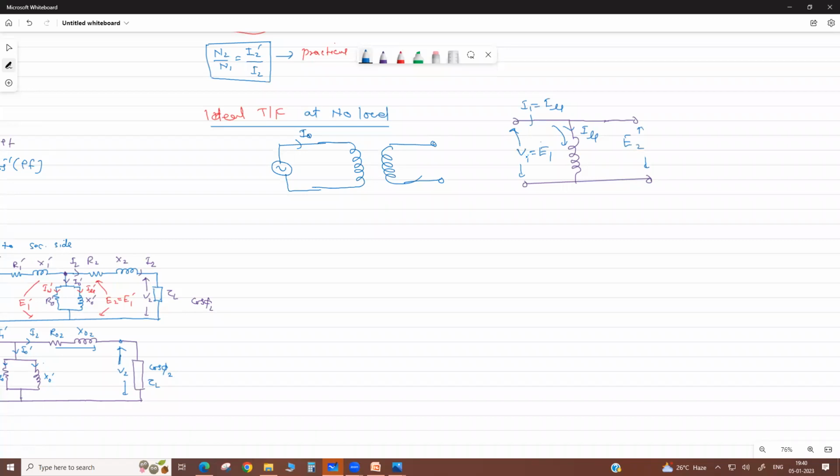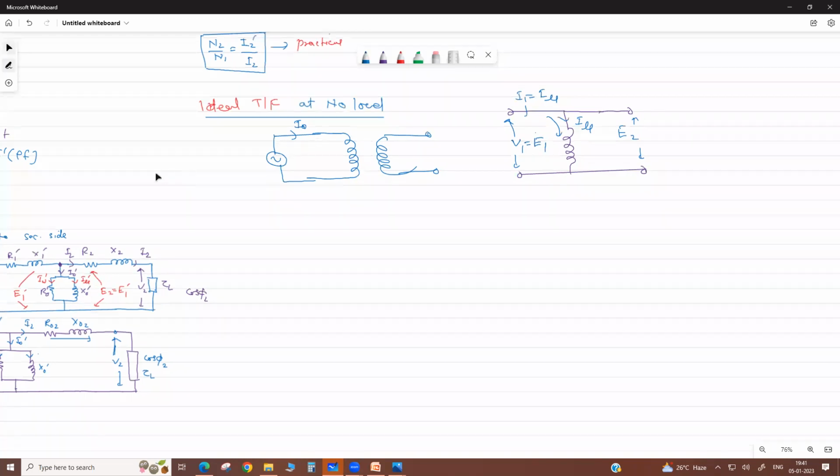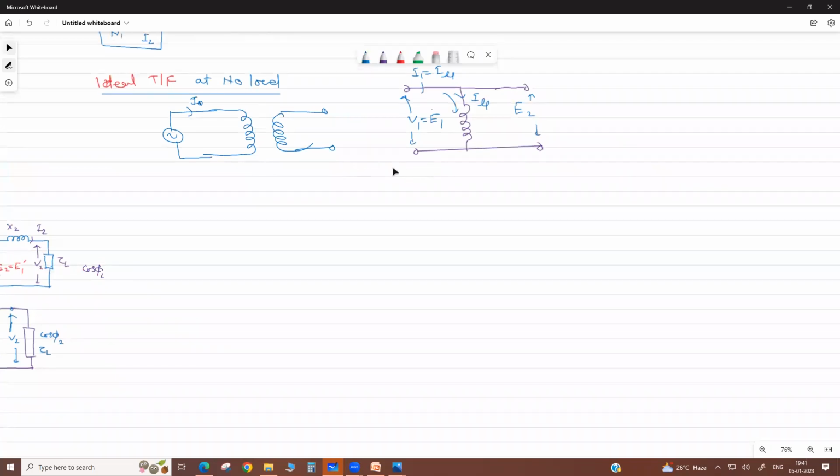What is the difference between V1 and E1? It is the drop only. Which is greater? V1 is greater in a practical transformer, and E1 is less because it is after the drop. Now suppose we connect a load on the ideal transformer.